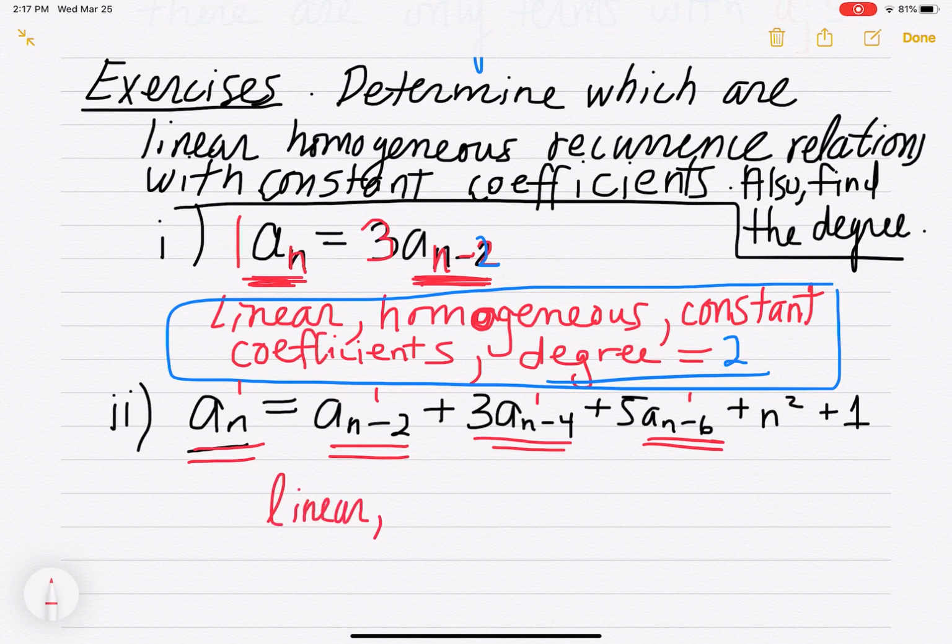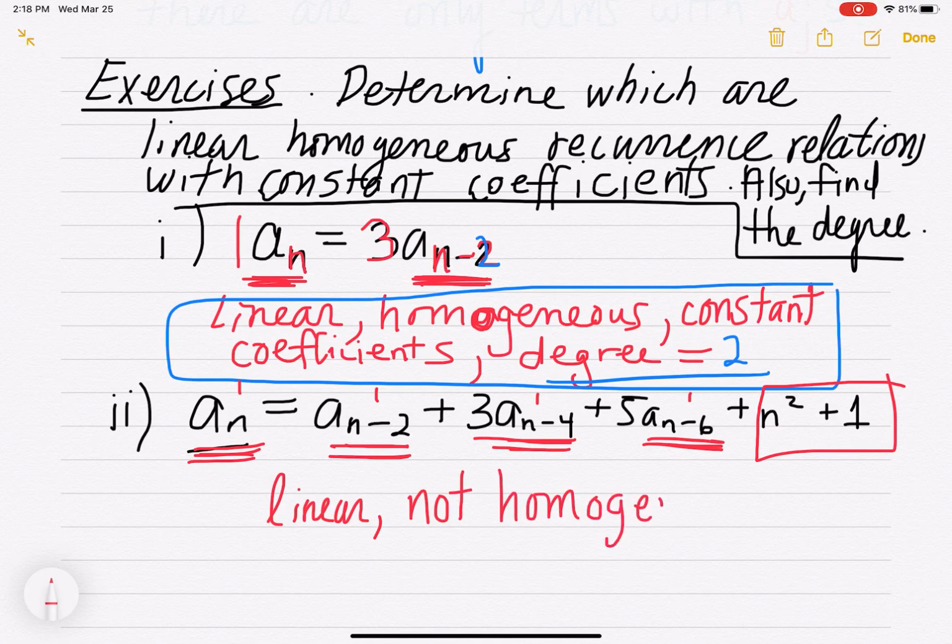But it's not homogeneous, and the reason it's not homogeneous is because you don't just have these a_j terms involved. You have something else here. On the end, you have an n squared plus 1. So it's not homogeneous. I'll just draw an arrow there.